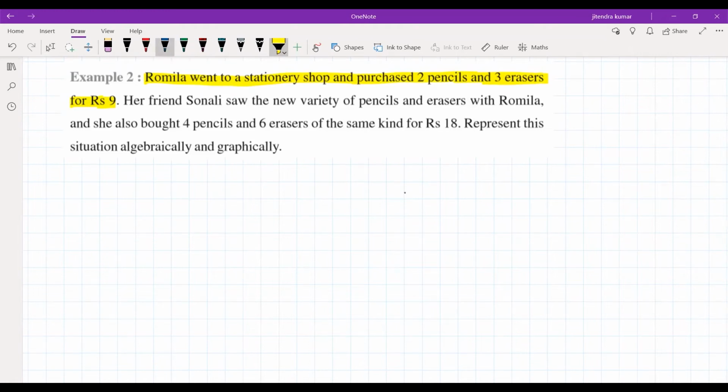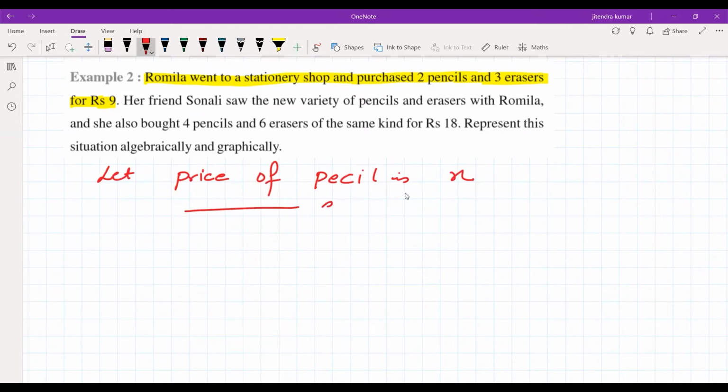Let's suppose that the price, or the cost, of a pencil is x and that of an eraser is y. From the first line, two pencils means 2x, and three erasers means 3y, and that is equal to 9. So this is our first linear equation.